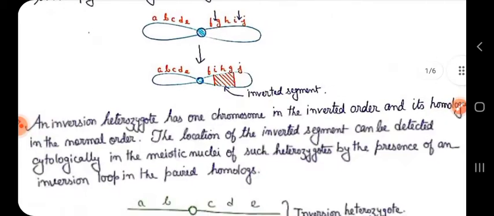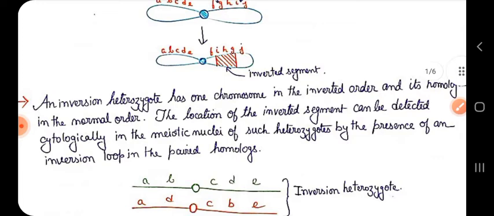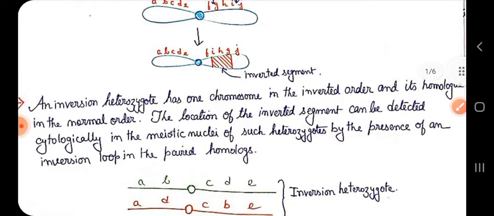Now inversions are of two types: paracentric inversion and pericentric inversion. And obviously you have an inversion heterozygote, in which only one chromosome from the homologous pair will be involved in the formation of the inverted segment, while the other chromosome is in the normal order.